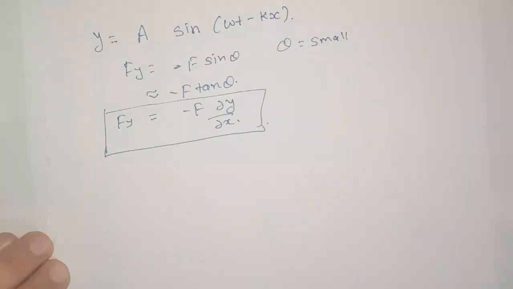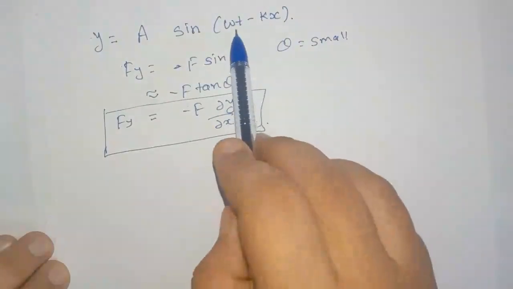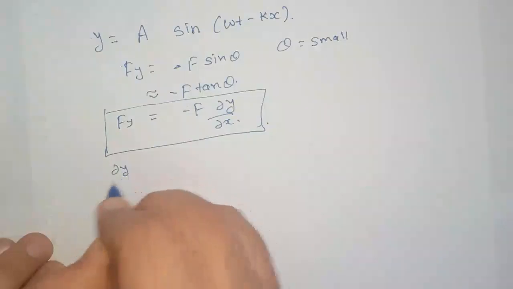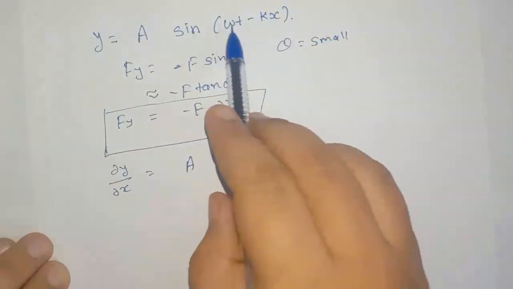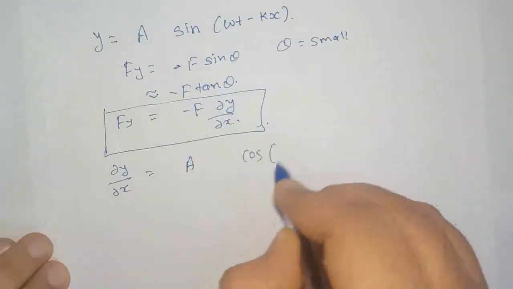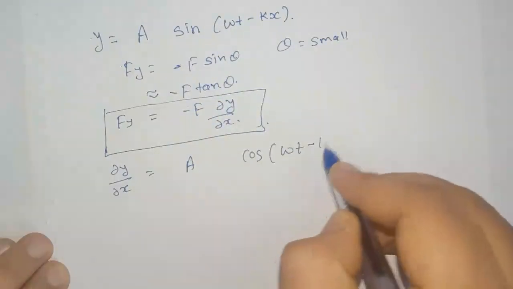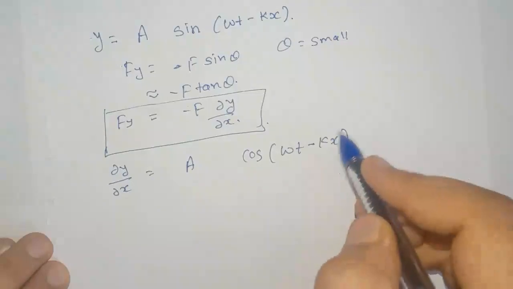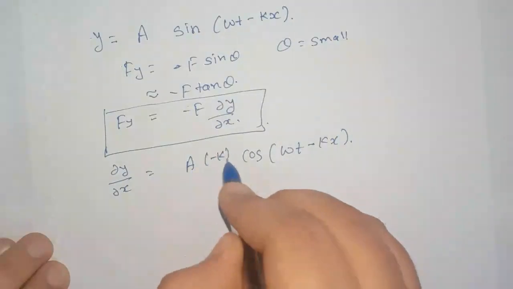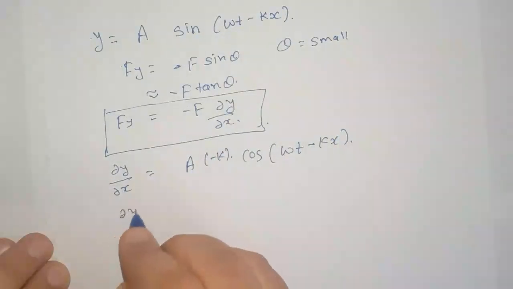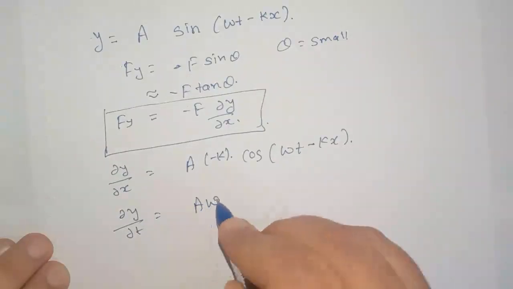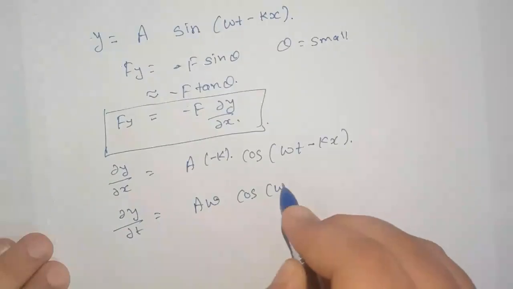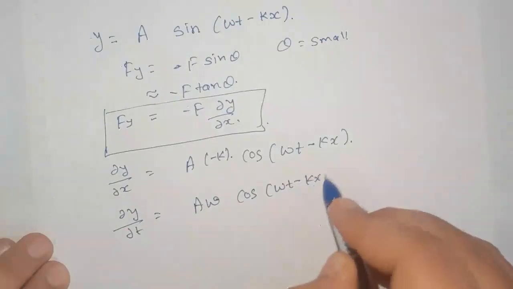Now, from this equation, we can write del y by del x is equal to a, differentiation of sine will be cos of omega t minus kx into minus k, and del y by del t will be equal to a omega cos of omega t minus kx.